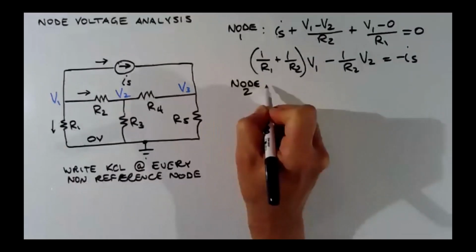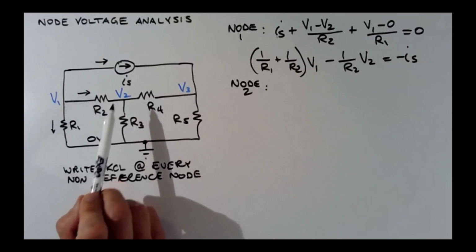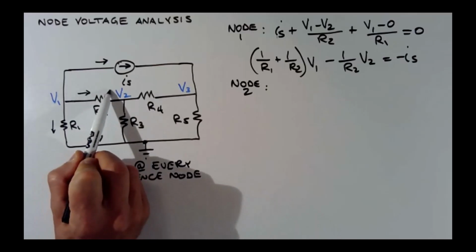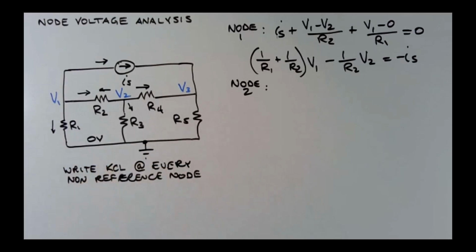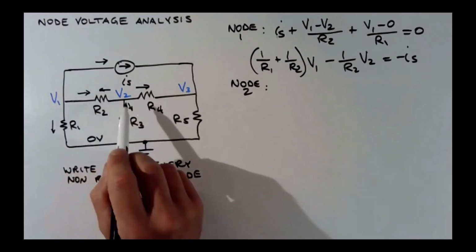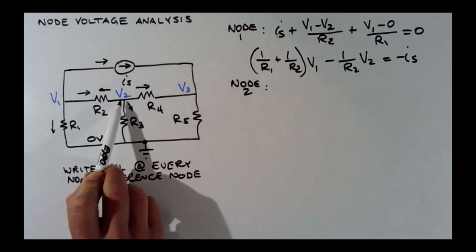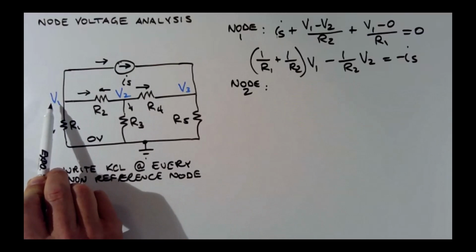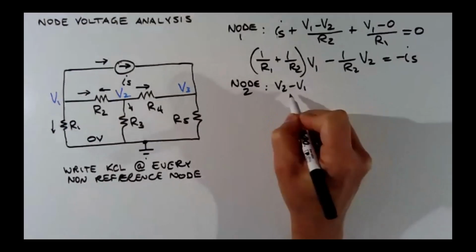So node 2's equation. Again, I'm going to sum the currents leaving this node: leaving the node that way, leaving the node that way, leaving the node down. Let's see. The current going from V2 to V1 through R2 is V2 minus V1 over R2. That's what we calculated on the prior slide.